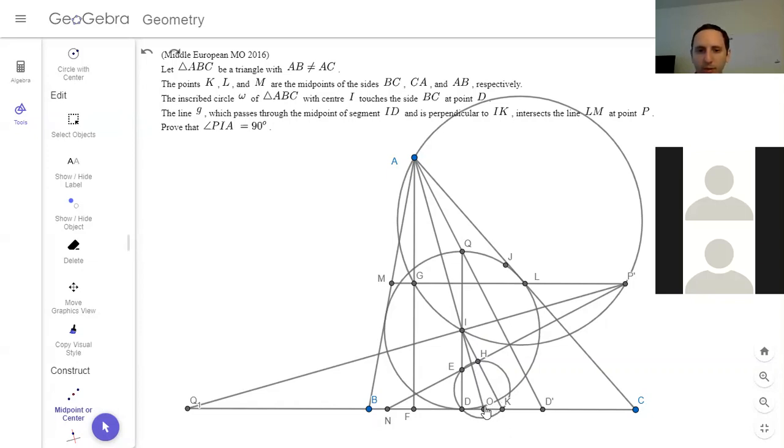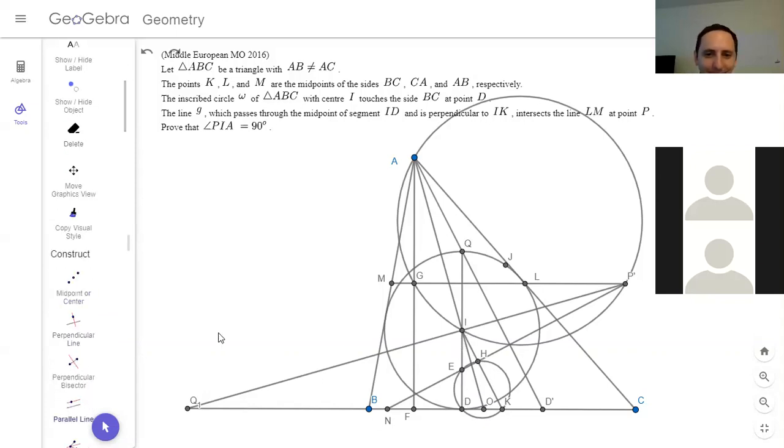So I wonder if there's some kind of homothety, because E is the midpoint of IB, and I is the midpoint of QD. So we have a bunch of similar stuff here, for lack of a better word. So IO is an angle bisector of DIK.